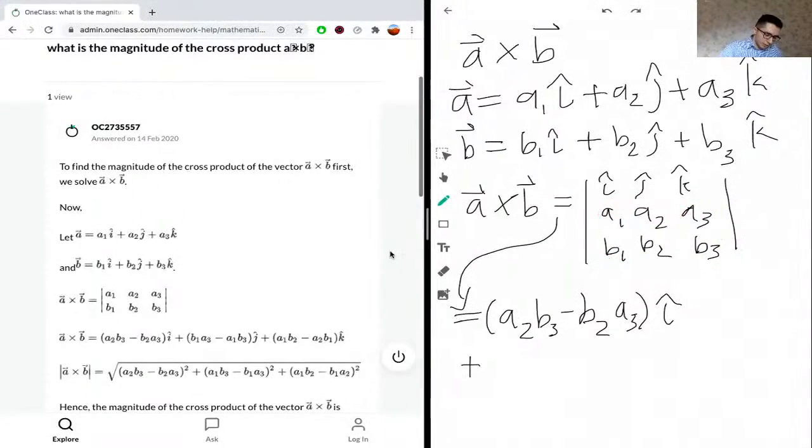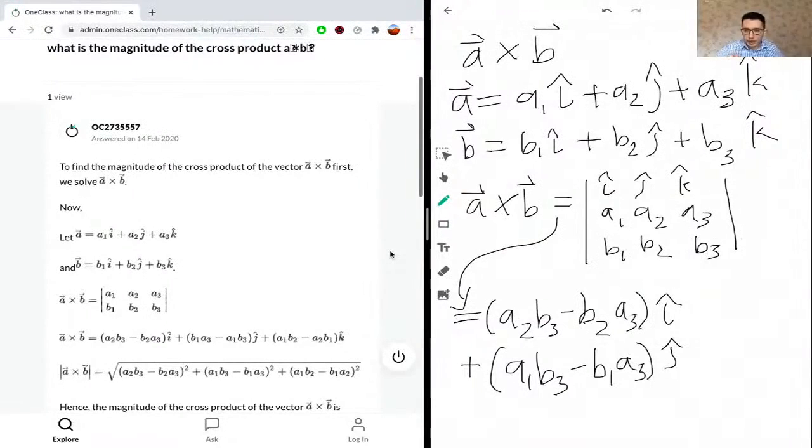We'll write that out: A1 times B3 minus B1 times A3 is j. So that's the j component right there.